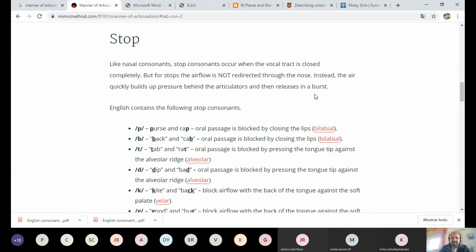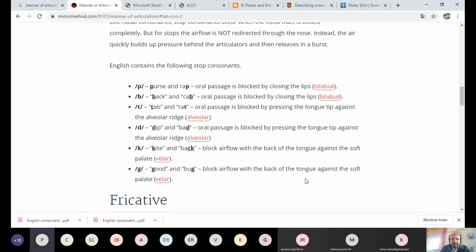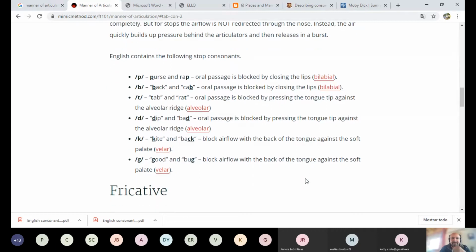I'm assuming you're seeing the same website that I'm looking at. The website has a title here, it says stop. I'm hoping you're seeing the same thing I'm seeing, and please let me know if you are not. Yes, we are. Okay, wonderful. So there are some examples here that I would like one of you to read, and I'm going to pick Javiera Avila.